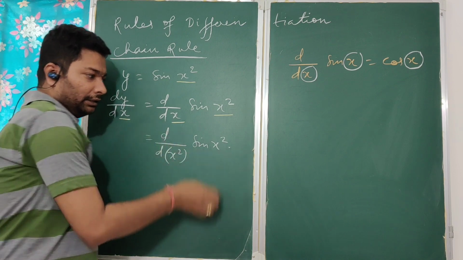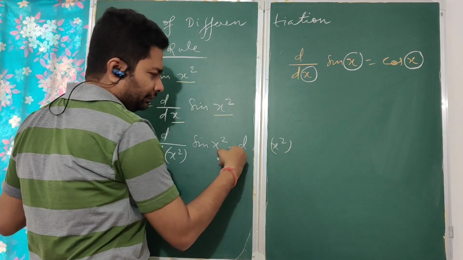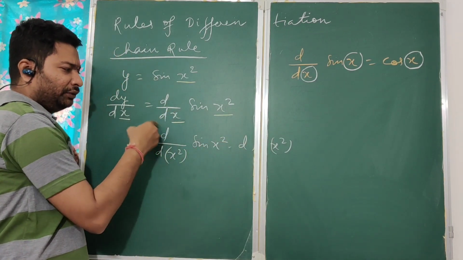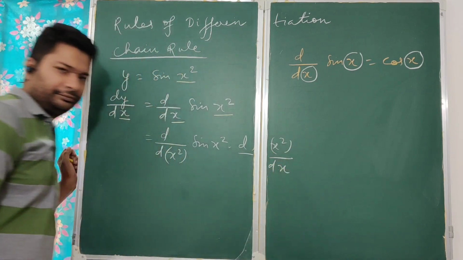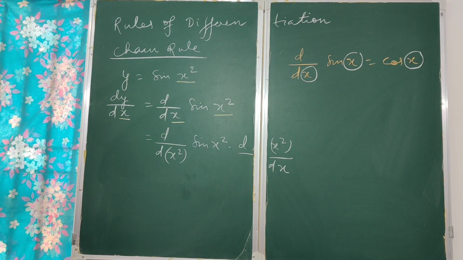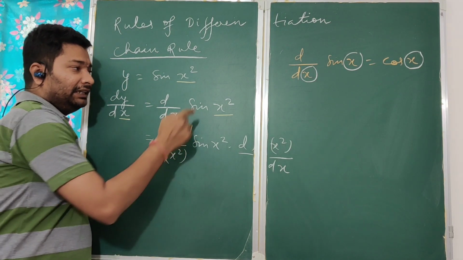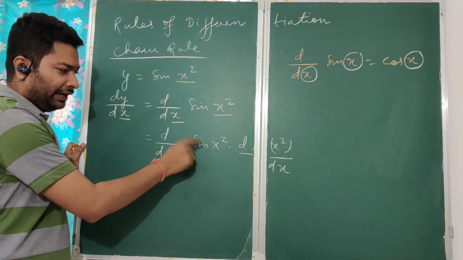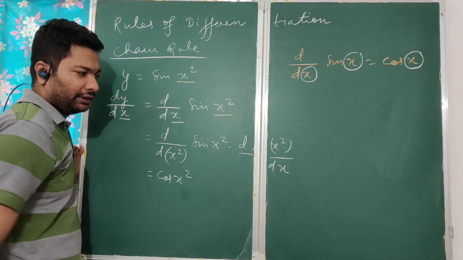If you multiply the same thing in the numerator, d of x square, nothing is going to change, and then in the denominator you had dx, so put it here. Now this is in the standard form. d by dx of sine x is cos x. So d by d(x square) of sine x square will simply become cos of x square.